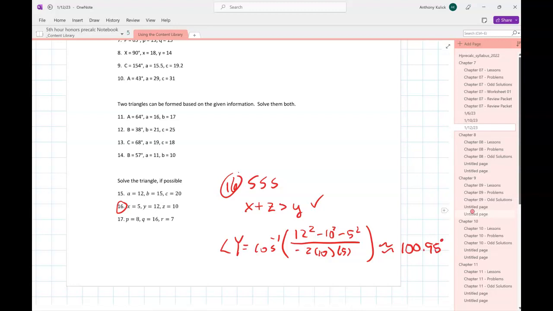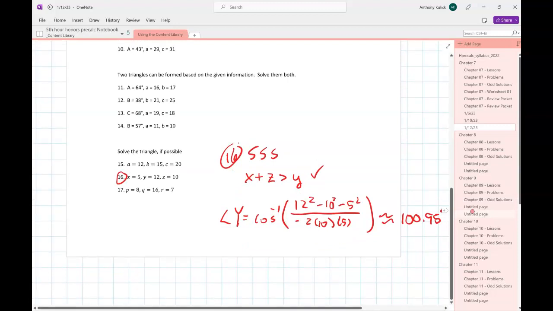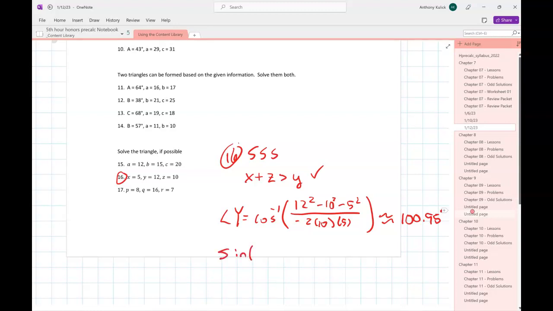So after I found the biggest angle, I'm now doing an SSA situation. So to avoid any ambiguous case, I'm going to now find the smallest angle next. So I'm going to write sine y over y equals sine x over x.